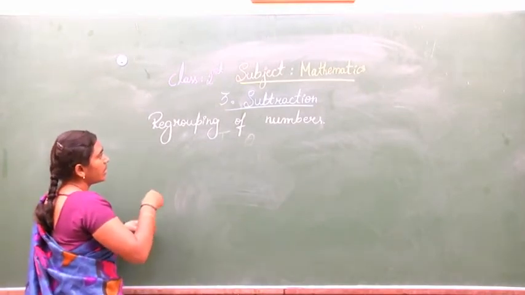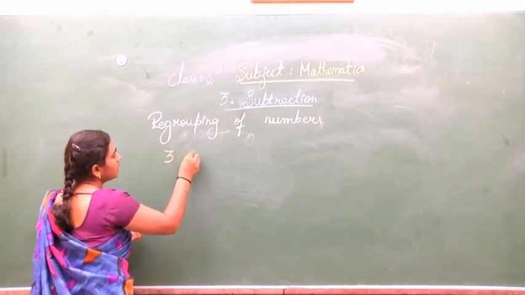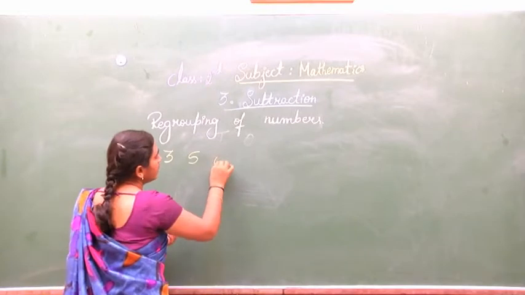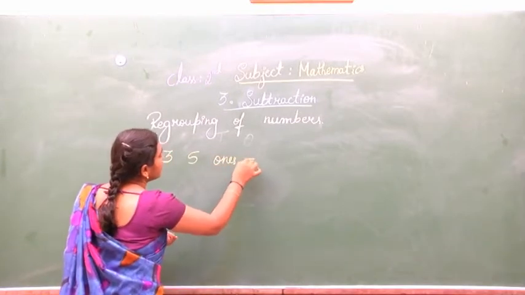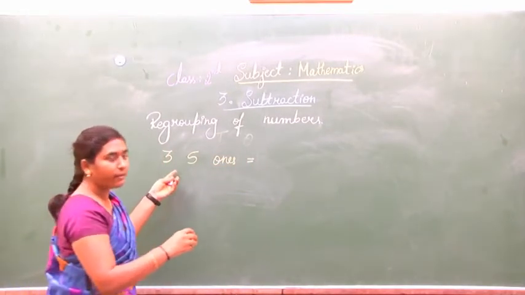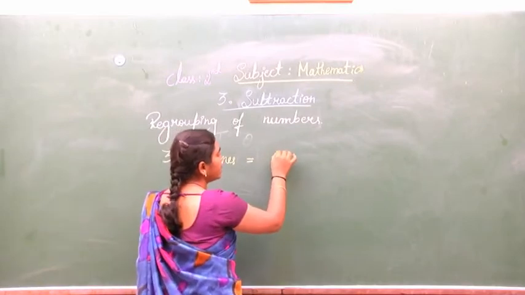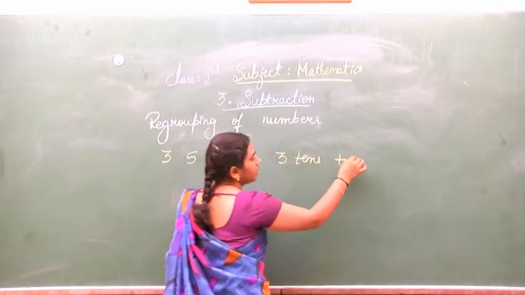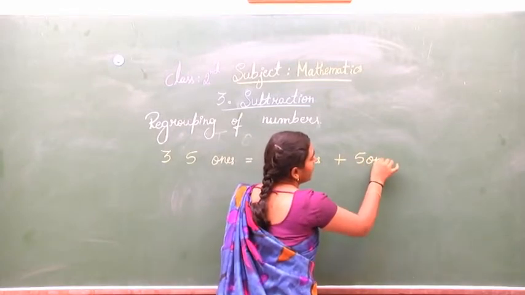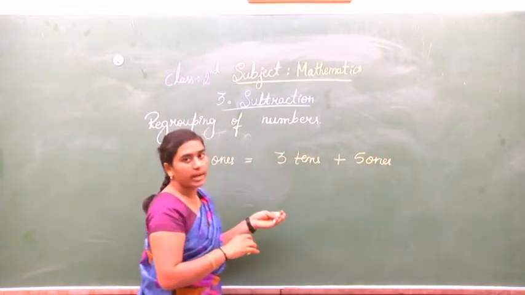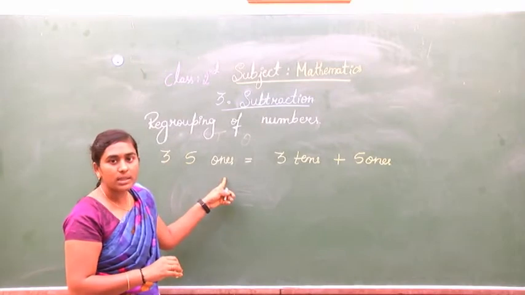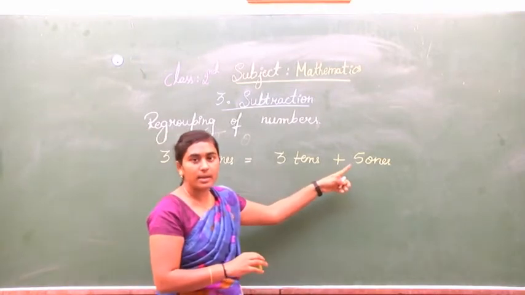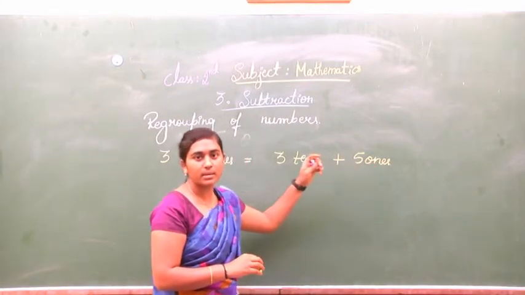Suppose the number is 35 ones. This we have seen across the addition. We will write 3 tens plus 5 ones, right? We will write 35 as 3 tens and 5 ones.